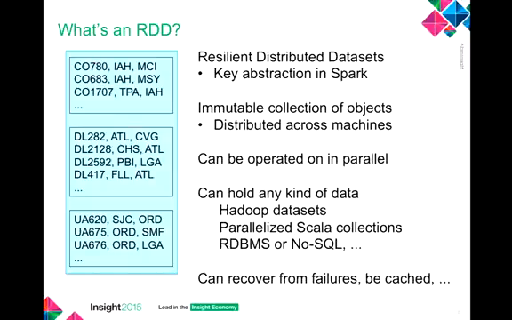Now let me parse that phrase a little more. Resilient distributed data sets. It's a data set, of course it's a collection, we know that. It's distributed because it could be partitioned and split across clusters. Now resilient means it can recover from failures. So if you lose a partition or more than one partition, then Spark knows how to recreate just that partition.